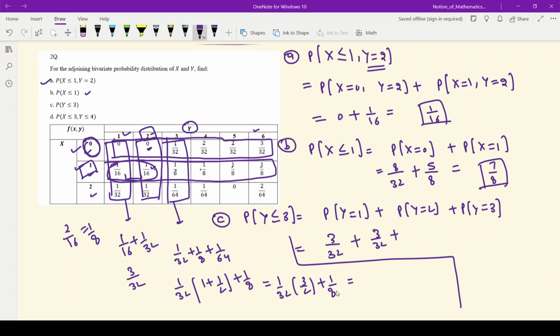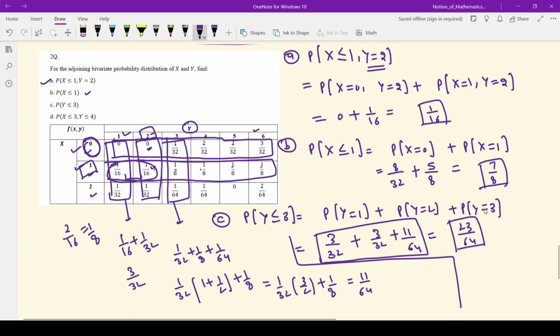So I think it is going to be 11 by 64. You may verify it later as well. So this calculation should be equal to 23 by 64.